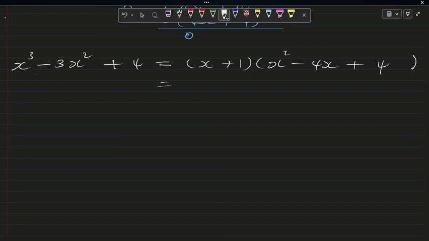Okay, and then we can continue with our factorization. So we see that we have a quadratic expression here. So we know how to factorize trinomials from our factorizing session of algebra that we did a while ago. So hopefully we can still remember that.